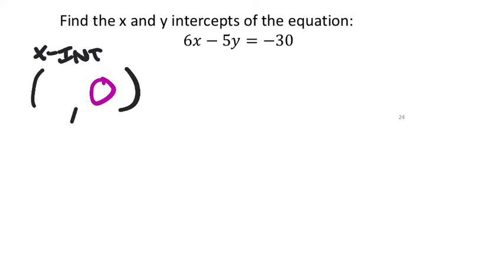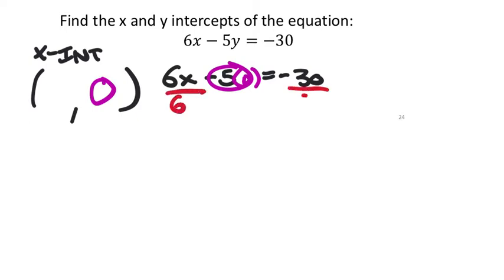So that means I need to go into the equation, 6x minus 5y equals -30, and replace the y with 0. Right there. So that, again, kind of just zeroes that out. Divide both sides by 6. We get x equals -5. So that would be -5, 0 as the x-intercept.